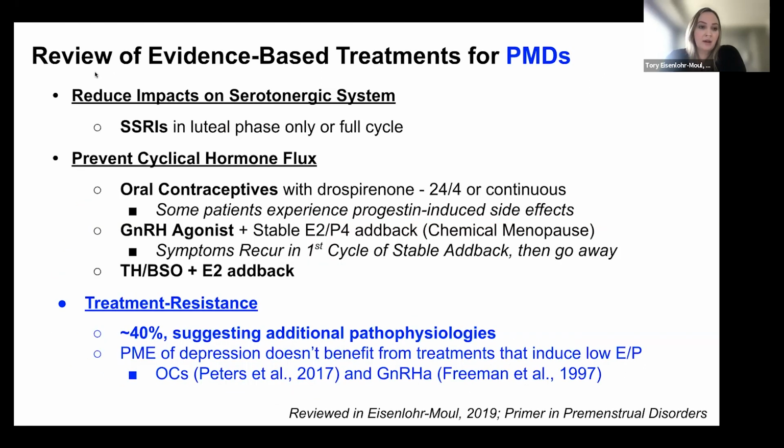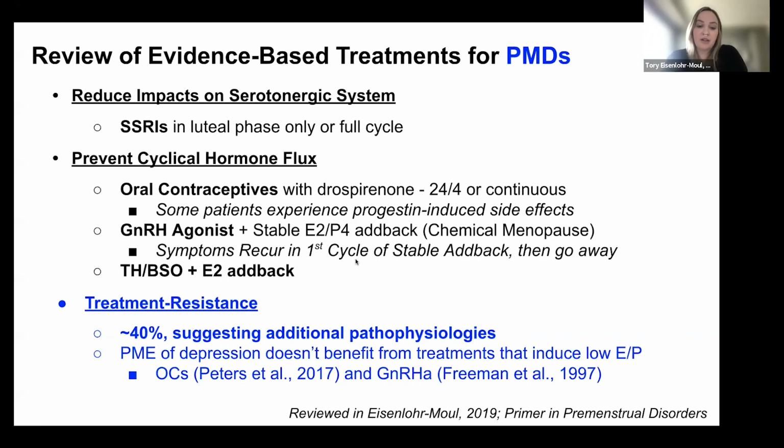So again, the review of evidence-based treatment starts with SSRIs in the luteal phase or full cycle, oral contraceptives, and then we move to just preventing hormone flux. But again, a lot of people don't respond. In particular, as I was saying, PME of depression doesn't seem to benefit from treatments that induce low estrogen and progesterone, or this sort of withdrawal hormone state, like very low levels.